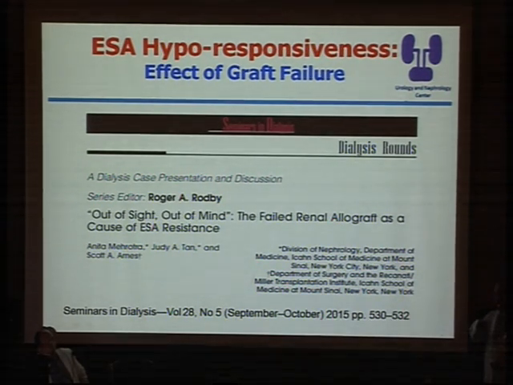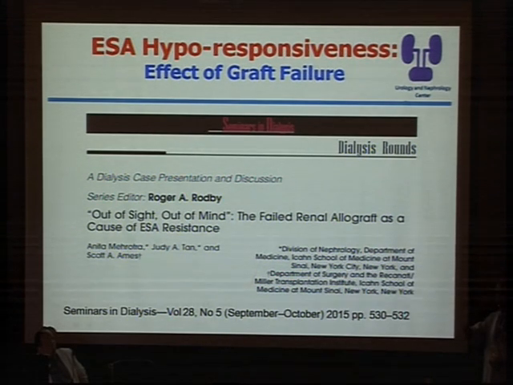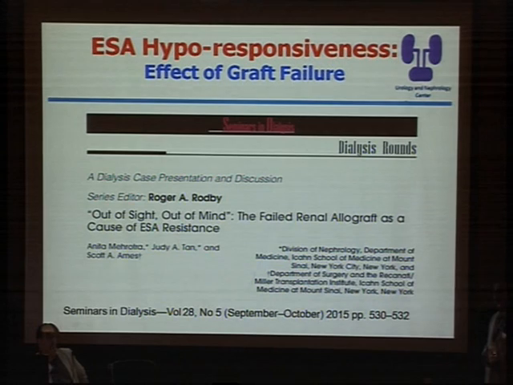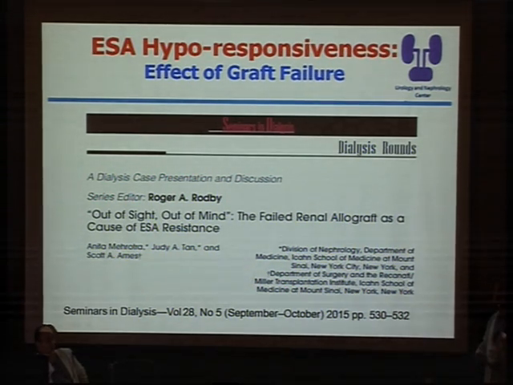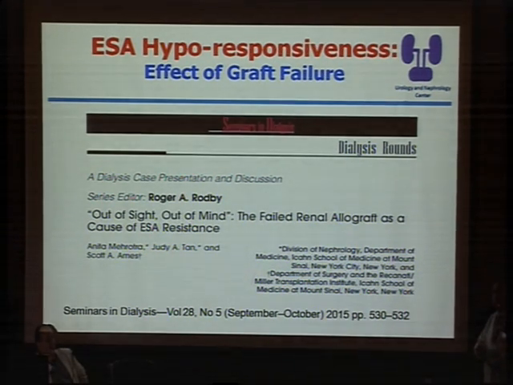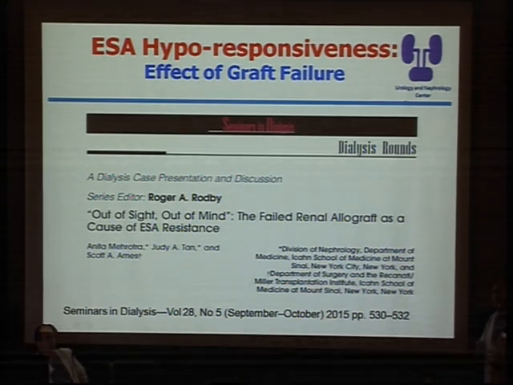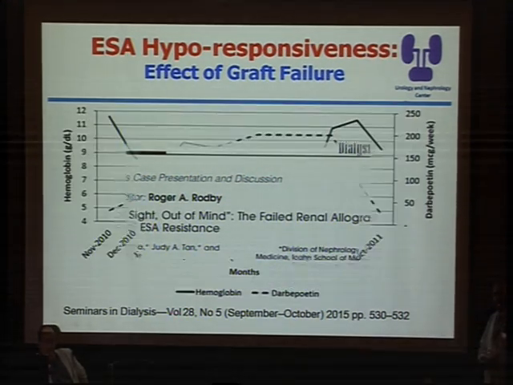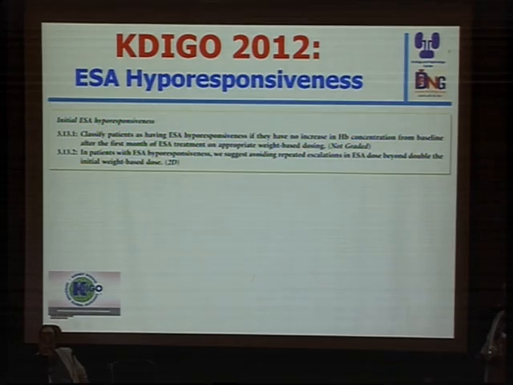So, if you treat anemia and the patient responds, and after a while there is a resistance, and there is a graft in situ, think of inflammation related to the presence of the graft. Request C-reactive protein. If you find it high with anemia resistant to treatment, this is an indication of graft nephrectomy. So this is maybe a cause.